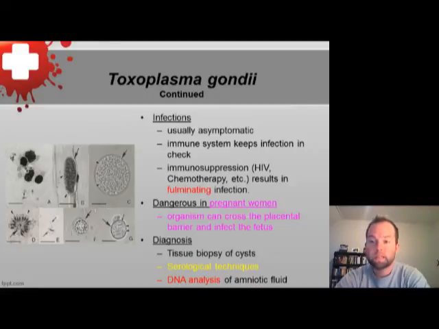It is particularly dangerous in pregnant women because of the organism's ability to cross the placental barrier and infect the developing fetus. Diagnosis of Toxoplasma gondii is done through tissue biopsies of the cysts, the bradyzoites, through serological techniques, or through DNA analysis of the amniotic fluid.